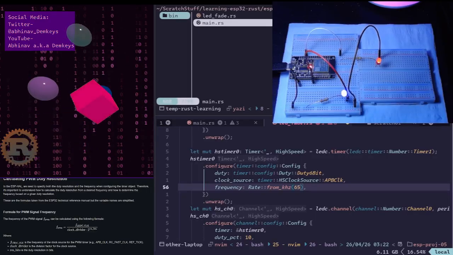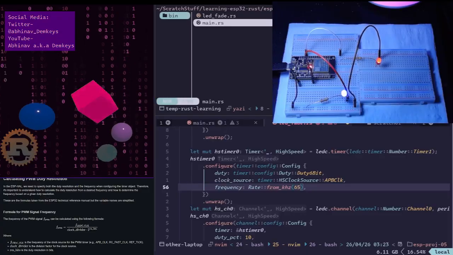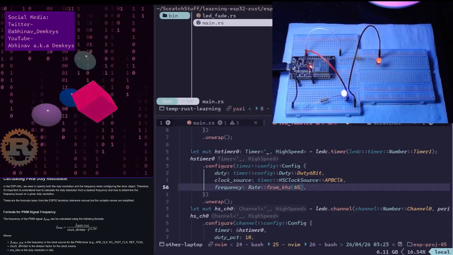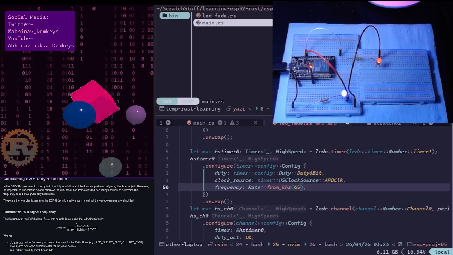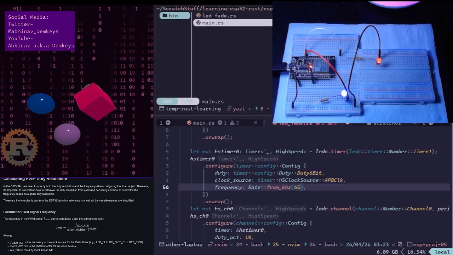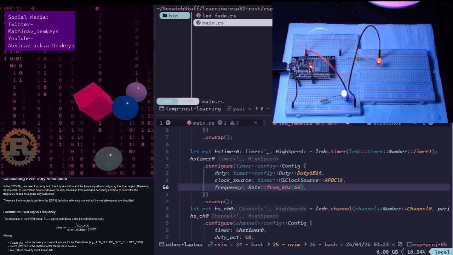This is the code that I've written. This is what the case was before. I learned about the Xtal and how the signal is generated by the Xtal and then goes to the PLL. And from there, it goes to APB. And then the APB clock ends up being 80 megahertz.